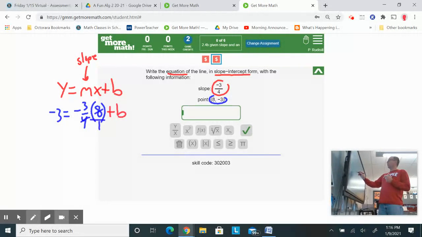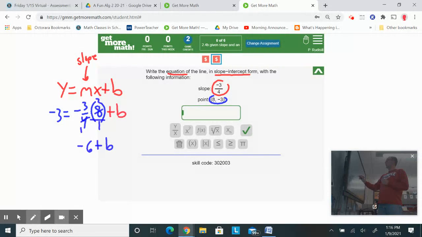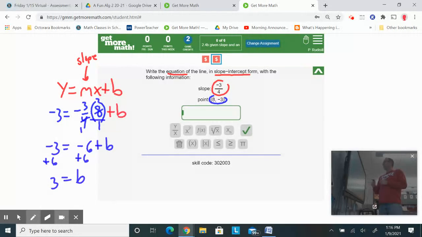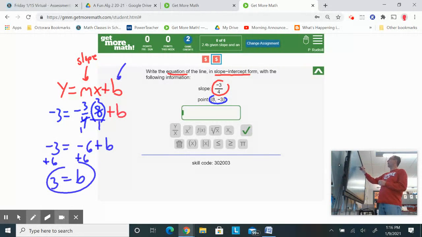Here you can. 4 and 4 goes once, 4 and 8 goes twice, so it's -3 times 2, which is -6. So -6 plus b equals -3. Add 6 to both sides, and you find out -3 plus 6 is +3. B is by itself. So now we know b, which is the y-intercept, which goes right here.